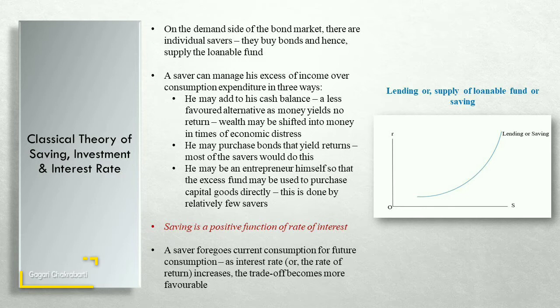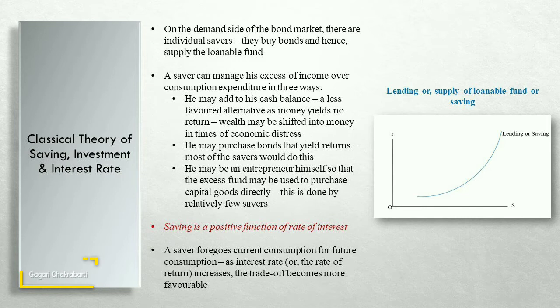But in the classical model, why does saving depend on the rate of interest, and that too positively? The classical economists distinguished between current consumption and the future consumption. A saver will forego current consumption in order to have more consumption in future. The interest rate is the rate of return on saving.